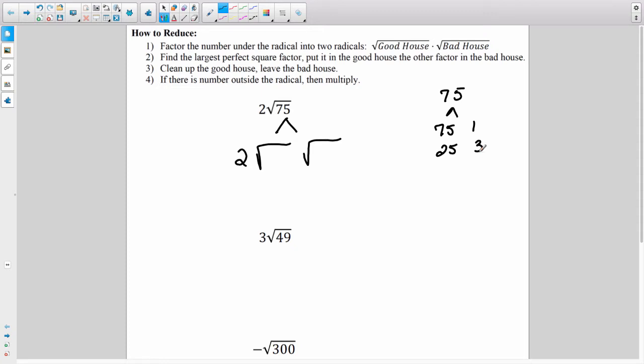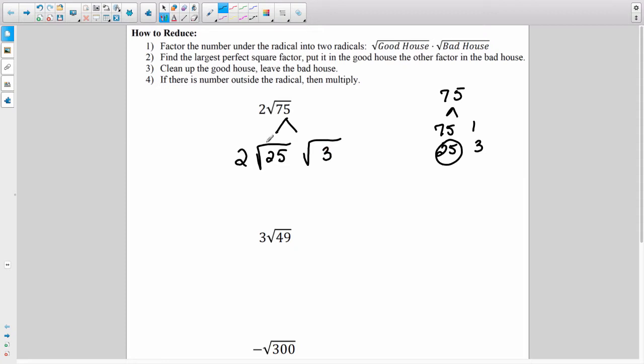Now, of those factors, I want to take the biggest perfect square I can find, and that would be 25. So that goes in the good house. It's just a term, good house. And 3 goes in what I'd say is the bad house. Now, why is that? We're trying to simplify radicals or reduce them.